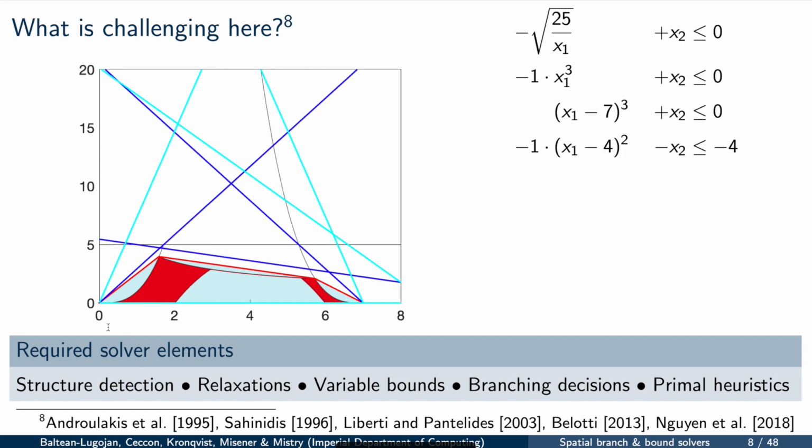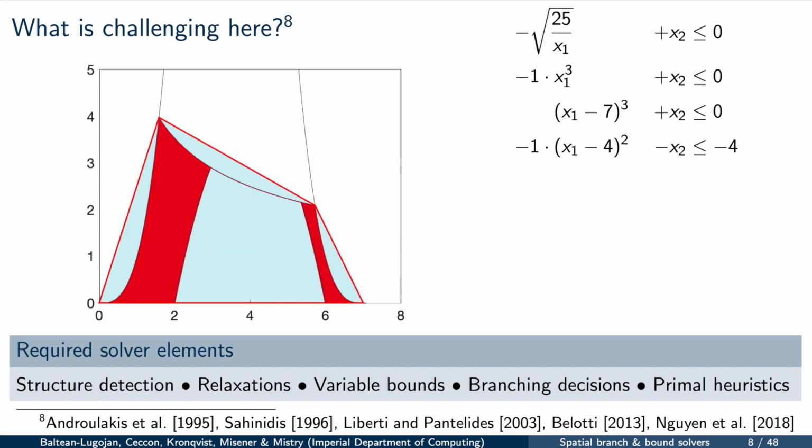Well, then instead of having this nice blue four-sided figure that's dark blue, I would have instead had my relaxation be this cyan figure that is quite big indeed right here. So what I'm emphasizing here is the importance of variable bounds on being able to develop a good convex relaxation in MINLP.